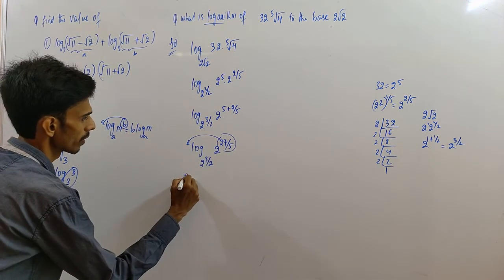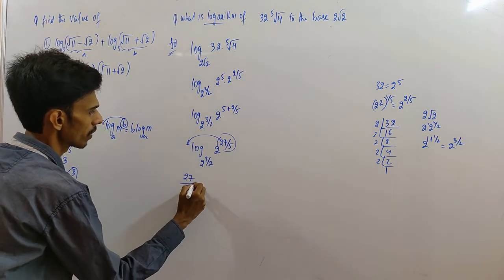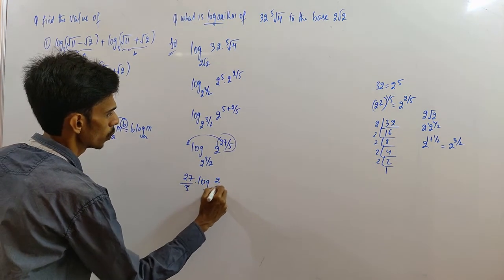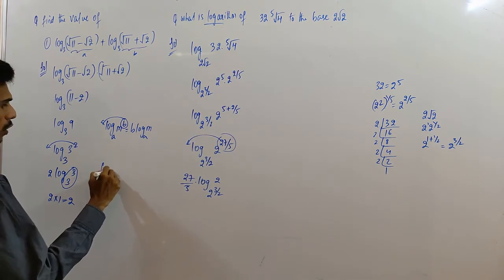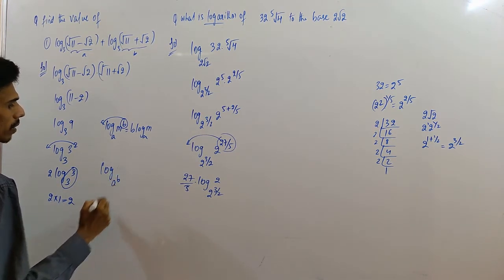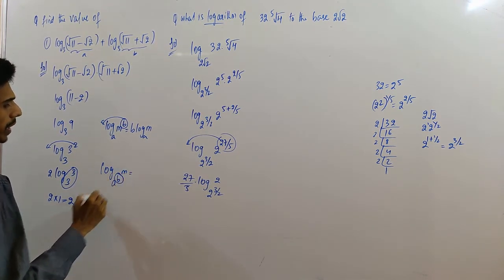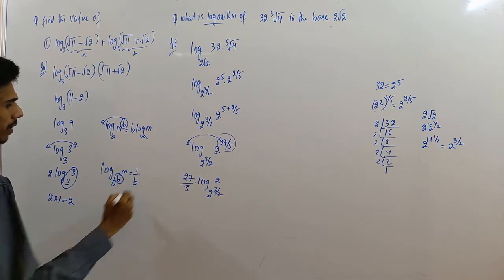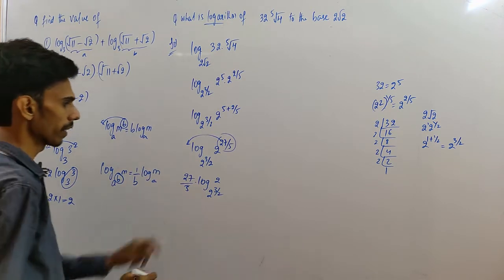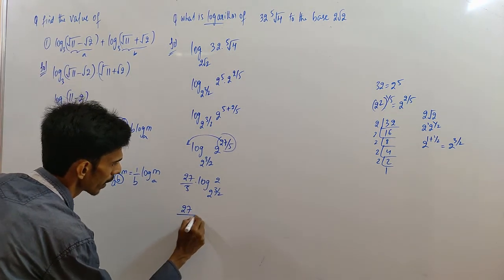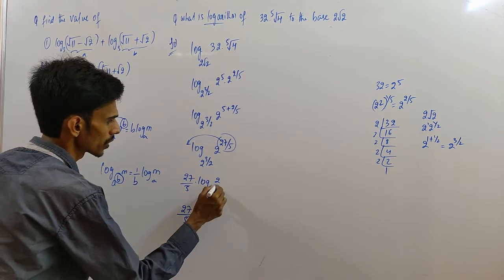So this 27 divided by 5 will come here, log base 2 power of 3 by 2. Similarly, we have one more formula, that is log m to the base a power b. So this b will come here as 1 by b. What is left? Log m base a. So we will apply here. So it will become 27 divided by 5 into this term.